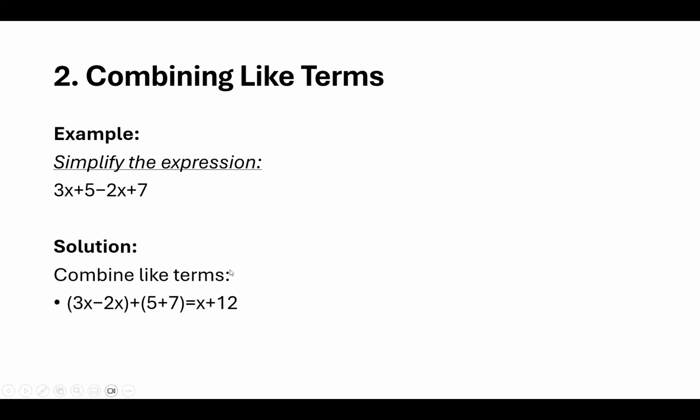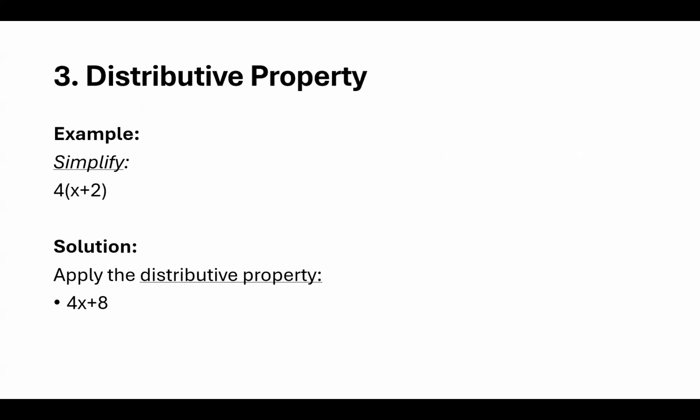For example, when we are given such an expression, 3 times x plus 5 minus 2 times x plus 7, right? We can combine the like terms. That is, we combine the 3 times x with negative 2 times x, right? We combine the numbers 5 and 7, right? And then we get a simplified expression of x plus 12, right?